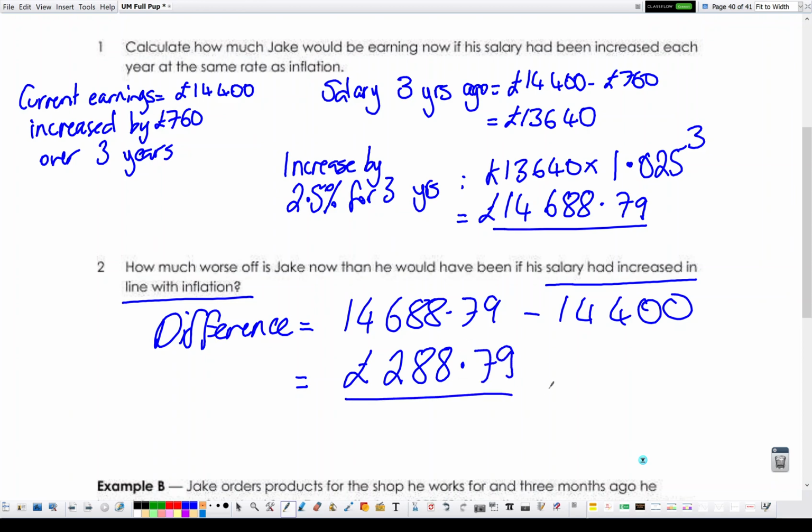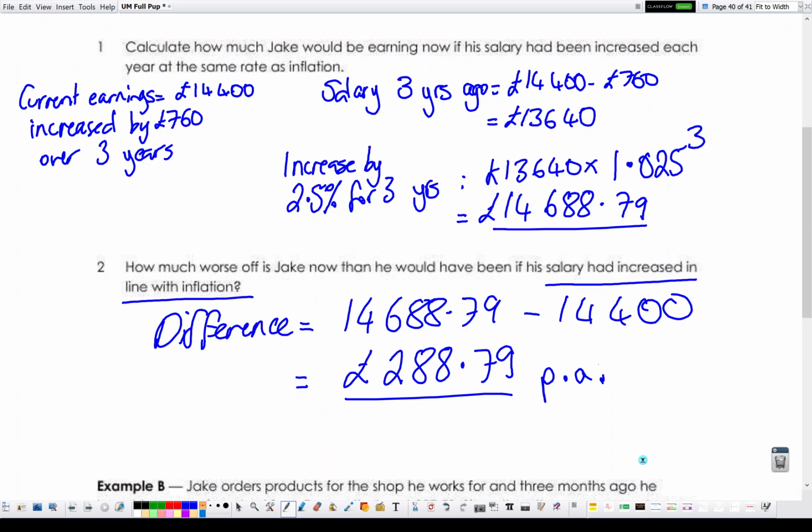Now you may not think that sounds like very much, 300 quid, who's bothered about that? It's not a huge amount to really get concerned about, but that's over a 3-year period. If you imagine scaling that up to, say, a 40-year working life, and inflation keeps on increasing and your salary is not increasing in line with inflation, then it means you are gradually just getting worse and worse off, able to afford less and less, going to be essentially poorer and poorer, and you'll have less disposable income at the end of each month.